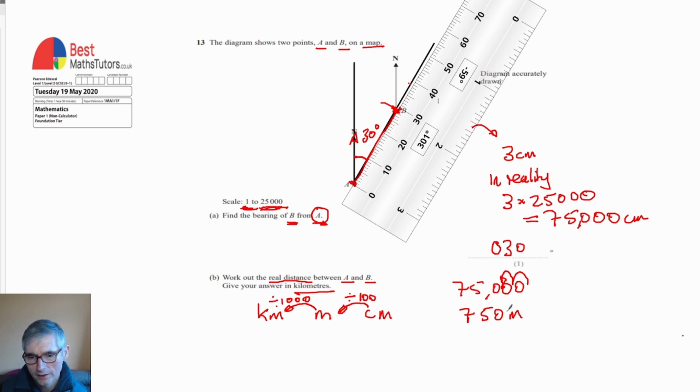Again, I can just move the decimal point, and this time I've got to move it 3 places. So 1, 2, 3. I can see the decimal point goes in front of the 7. So it's actually 0.75 kilometers is the distance in real life. On the map, it was only 3 centimeters, but in reality, the distance is 0.75 kilometers.